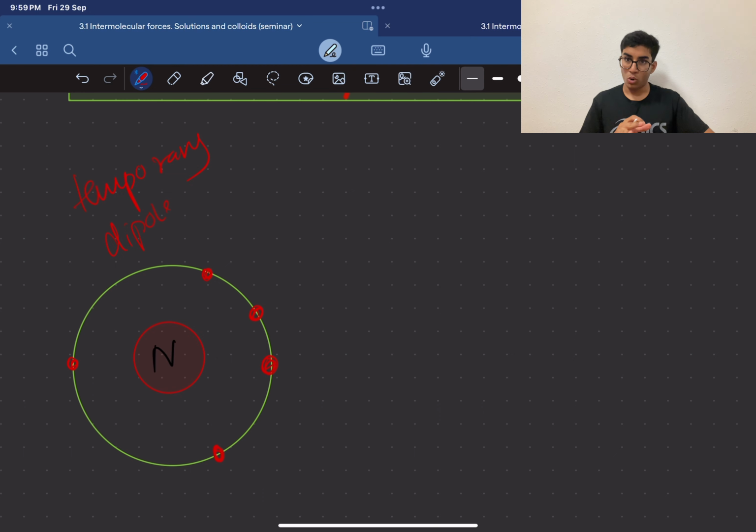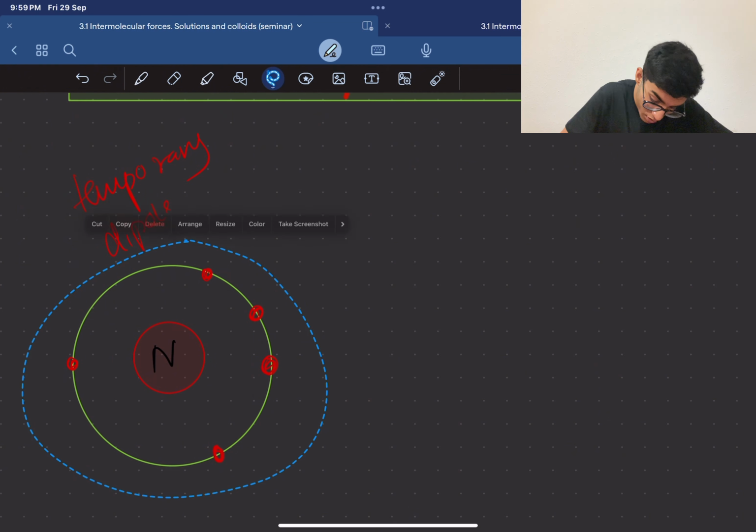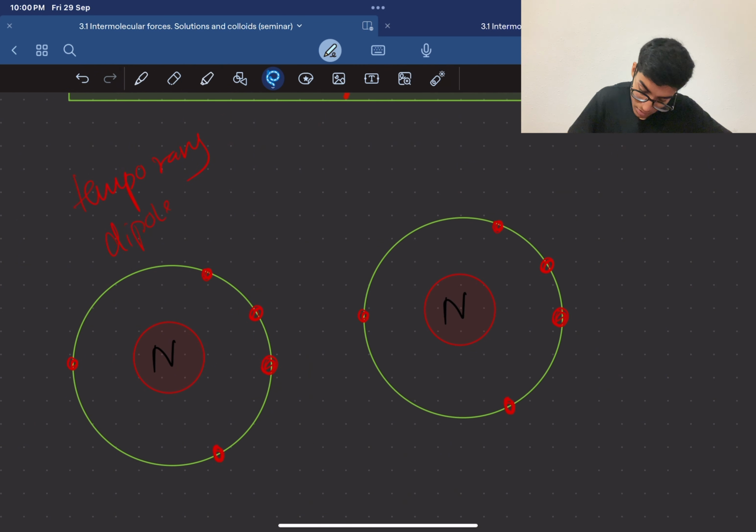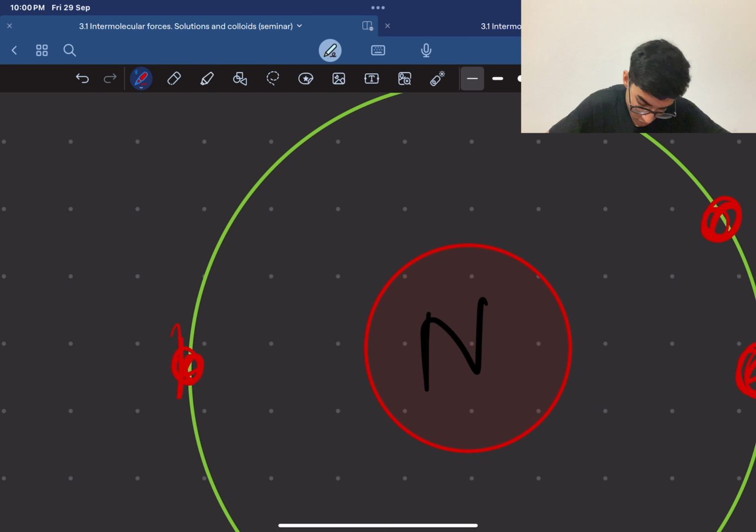This is not London dispersion forces yet. Let's consider another atom, which is the same. I'm just going to copy this and paste it here. Ideally, I do not want these balls here.